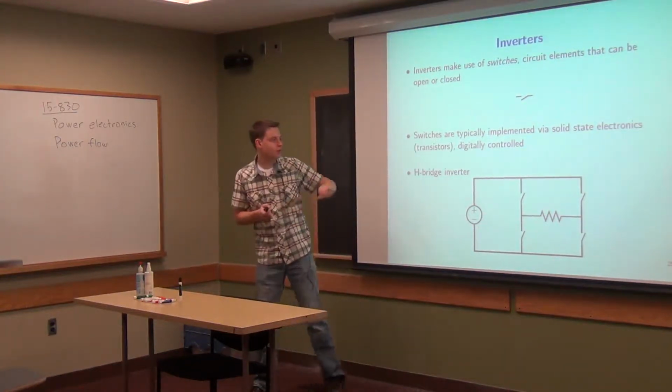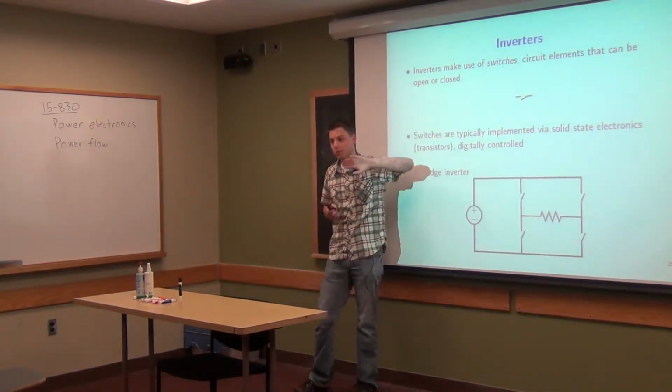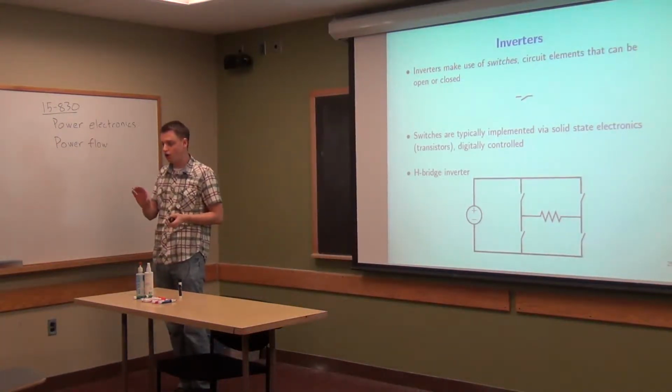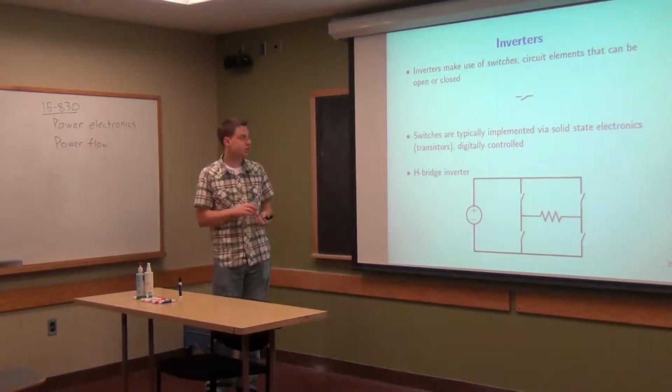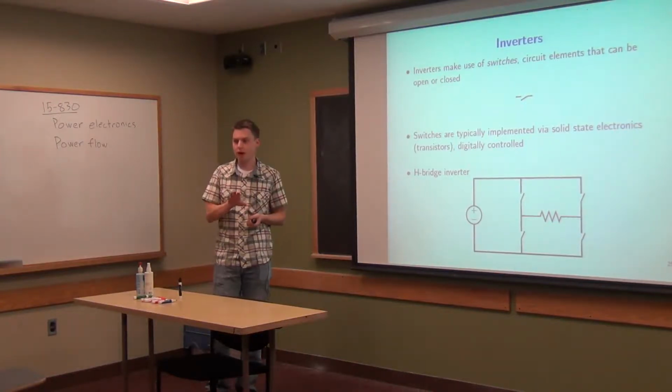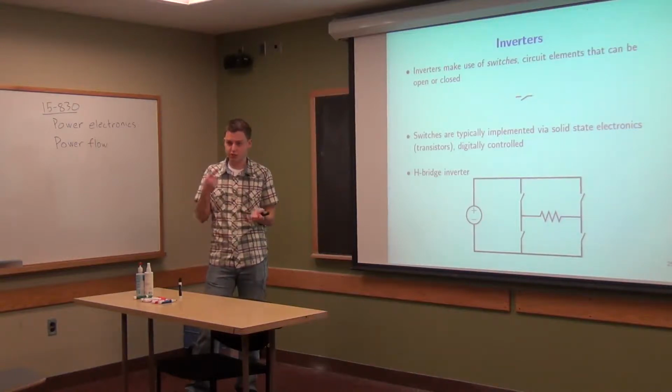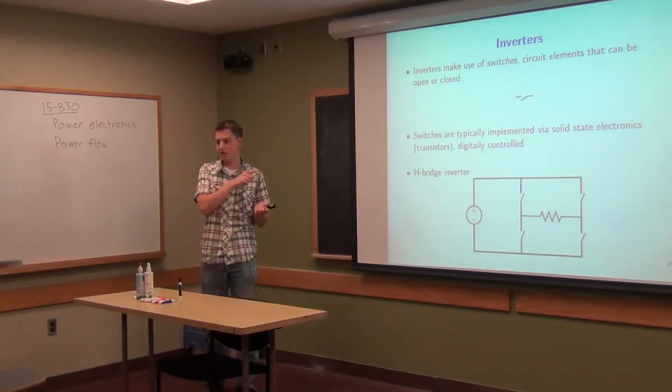Not so much, well, a little bit in inverters certainly, but also in DC-DC converters. Almost all DC power sources, in addition to the rectifier, also have some way of regulating output voltage, which, as we'll see in a second, uses switches very predominantly.